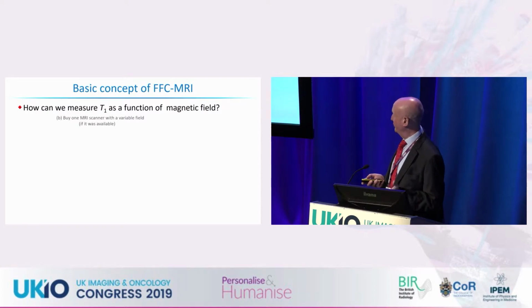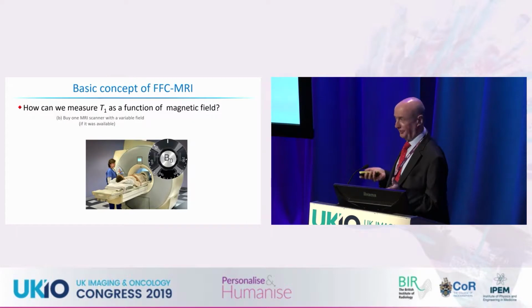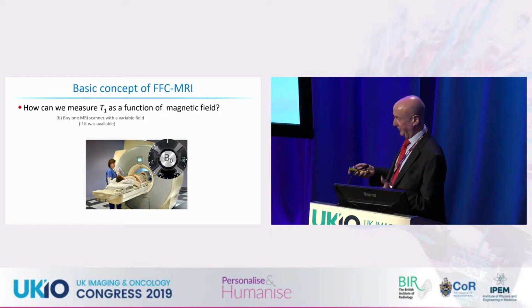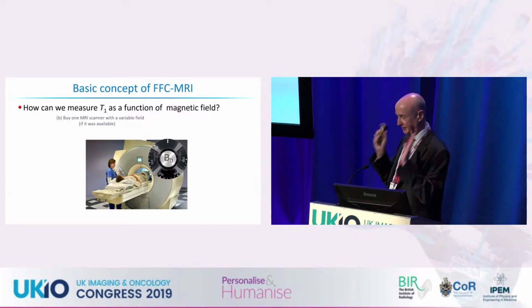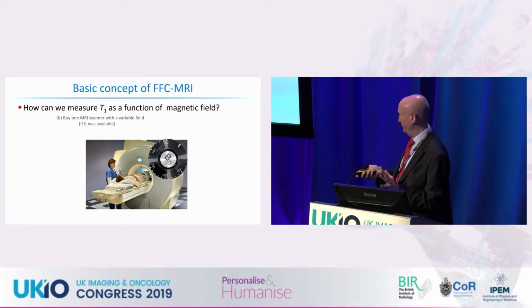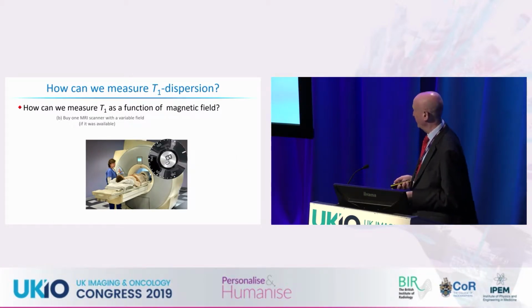Second potential way of doing it, measuring T1 as a function of field strength, is to buy one instrument with a variable magnetic field control, if such a thing was available. So there you have a scanner with a magnetic field control on the front, and you set the patient up once, and then you collect an image at the first magnetic field, and then a Monty Python hand comes in and changes the magnetic field to a different value, collect another image, and so on, and you do that however many times however many fields you want to explore.